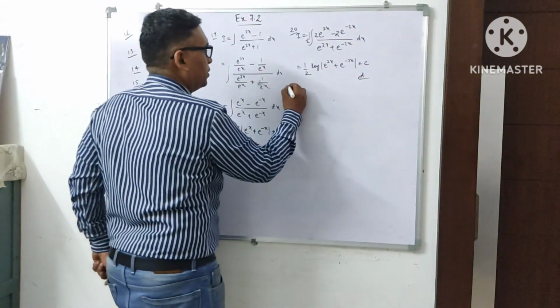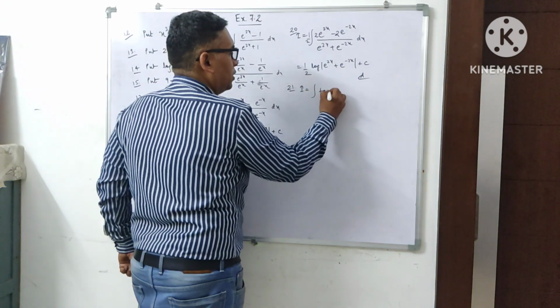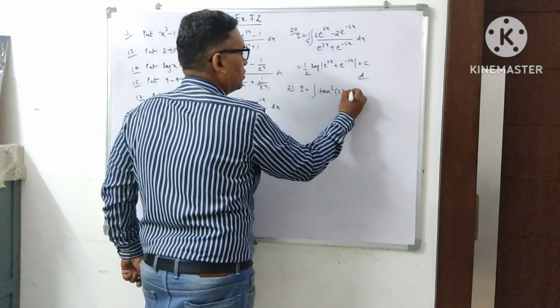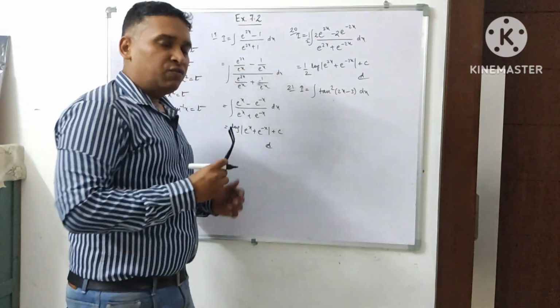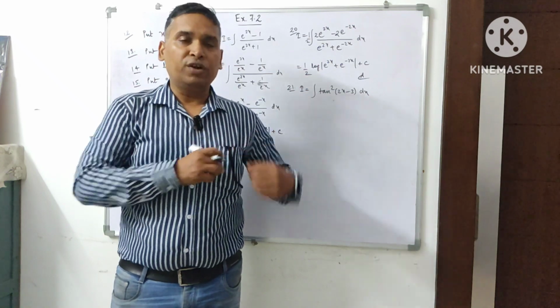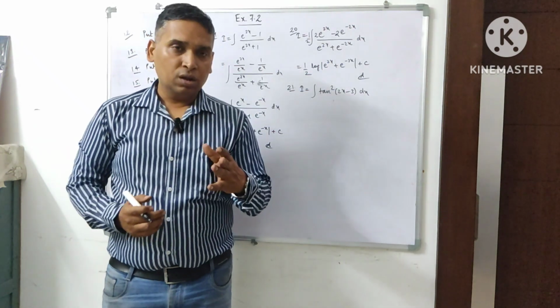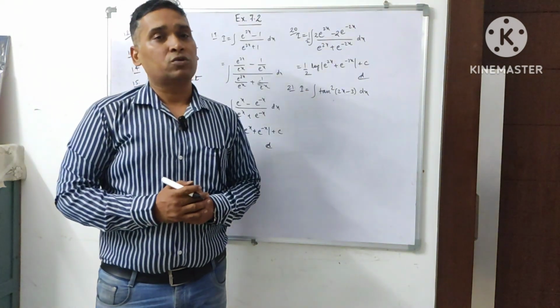So look, question number 21. I is equal to integration of tan square of 2x minus 3 dx. Now children, if you go through the list of the formulas of integration available in your book, unfortunately we do not have any formula for integration of tan square theta.